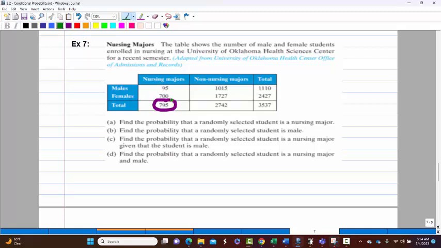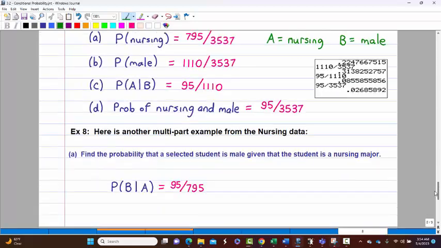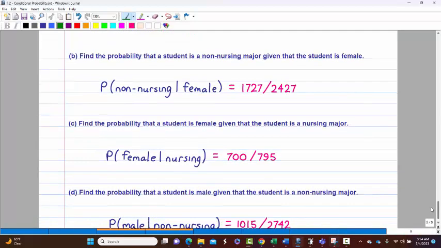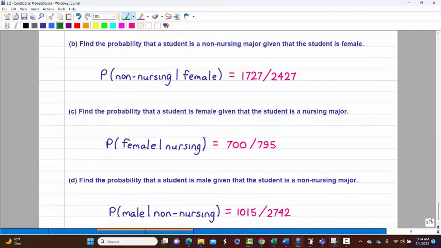It's the number right above it. So it's going to be 700 out of 795. There it is. And then the last one, probability that you select a male, given that you know they are non-nursing.